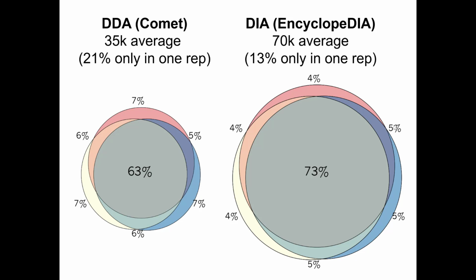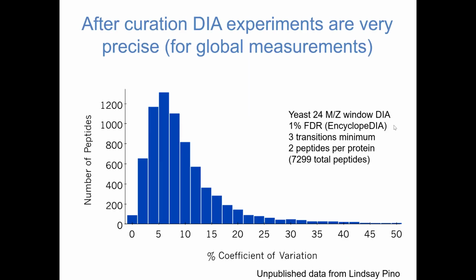I think the biggest advantage of DIA is that even if you're analyzing these data sets independently, which with Skyline you don't have to necessarily do, but even if you are analyzing them completely independently, they typically say the same thing. And so we get a much higher overlap, such that the overlap here is actually larger than the number of peptides we were identifying from all 3 of those samples individually.